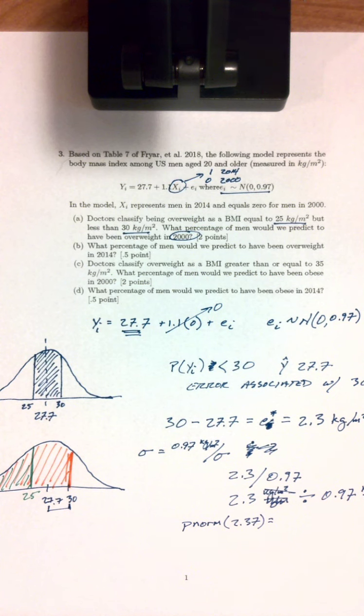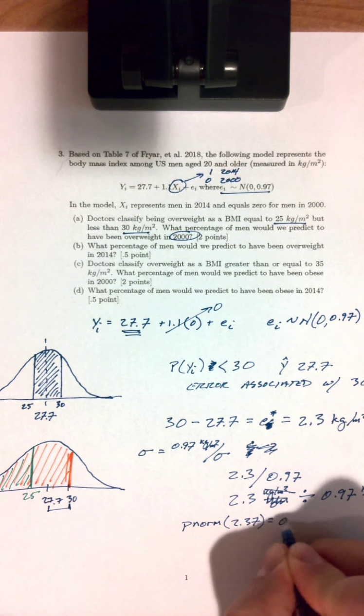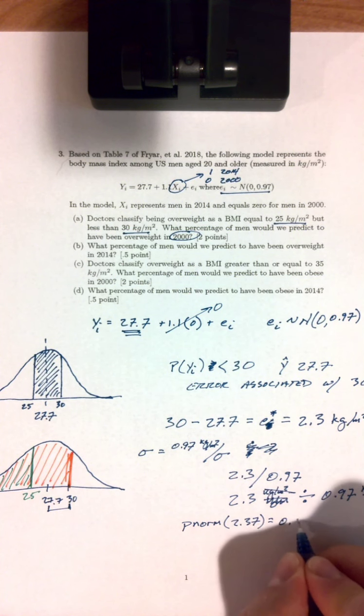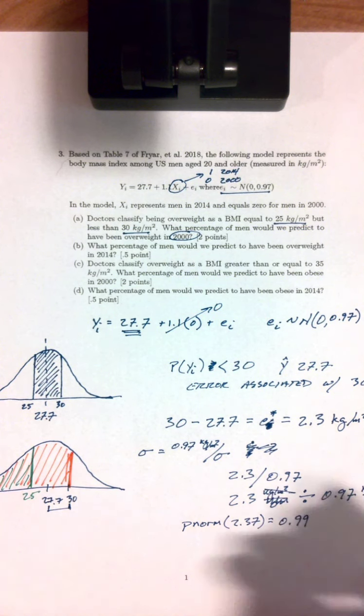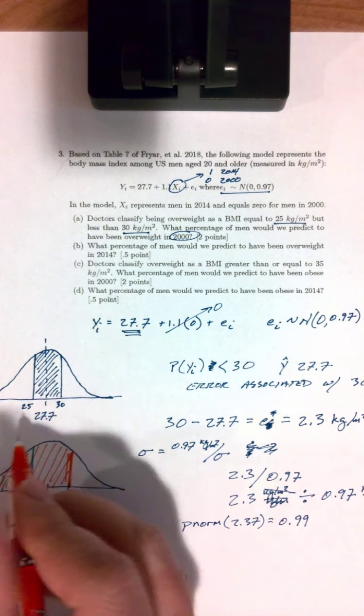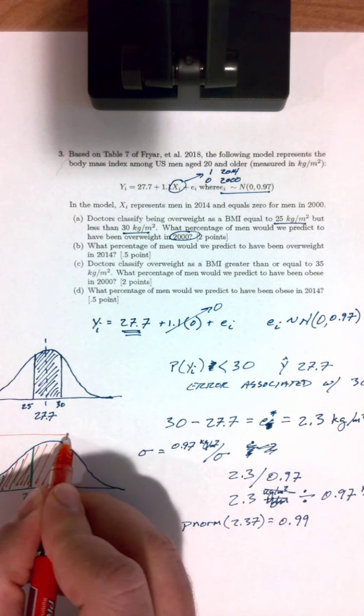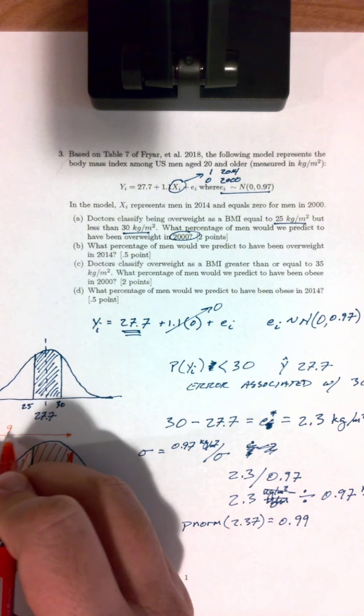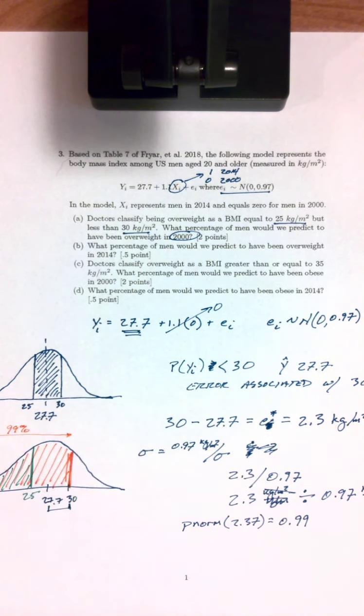I'm just typing it into R now. It equals 0.99. So that means that our orange values here, the value from here to here, covers 99% of the distribution.